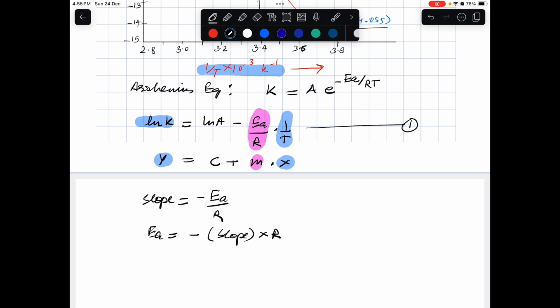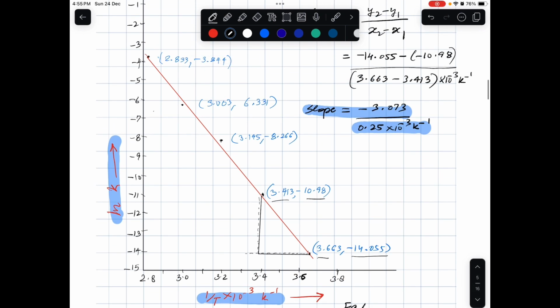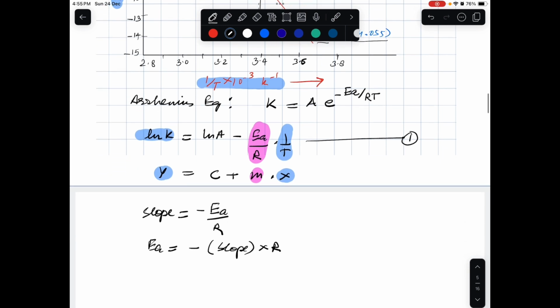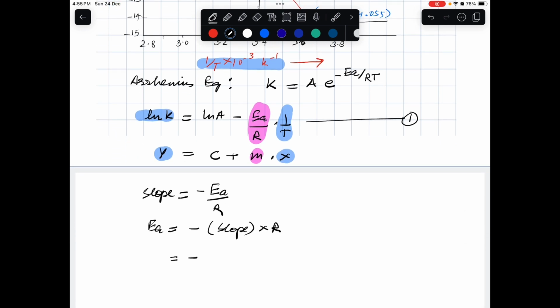Now we have calculated the slope here. So we write down the value of slope here. This is equal to minus 3.073 divided by 0.25 into 10 raised to the power minus 3 per Kelvin, multiplied by the value of R, which is 8.314 joules per Kelvin per mole.